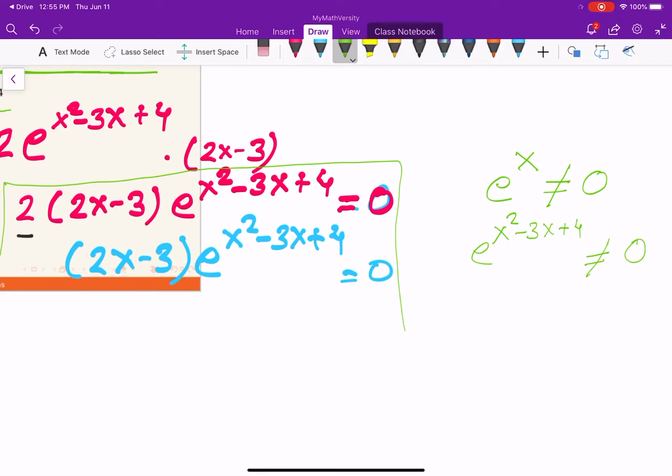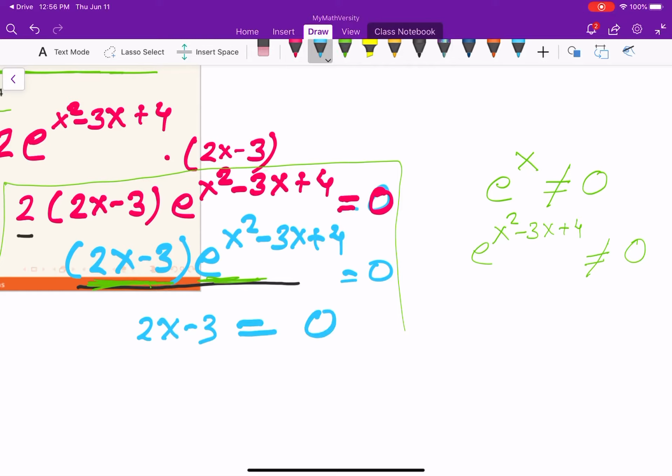So the product on the left-hand side will be 0 only if this factor 2x minus 3 is equal to 0, because the exponential is never going to be 0, right? So how will the product be 0? Only if 2x minus 3 is 0.